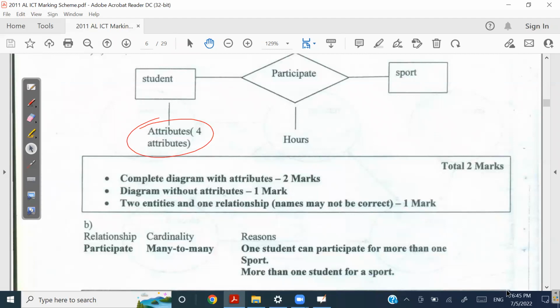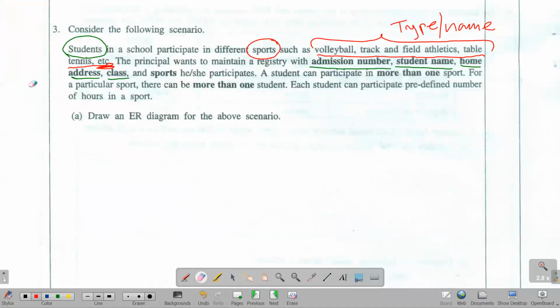And the hours, this hours indicates, in the question they are saying each student can participate a predefined number of hours in a sport, where this entity sport and entity student are both involved in describing the predefined number of hours, right? So in that case, it is going to be a descriptive one, right?